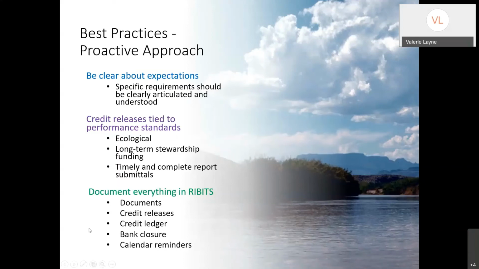And also using all the features in Ribbit. It's not just a database where you put credit transactions. It really can be a very powerful project management tool and document storage. I've lost so many documents and emails that I don't even want to count how many that could be. And also, I know some regulatory agencies who have their emails expire.